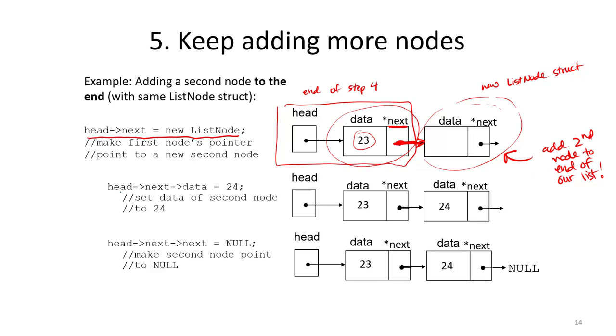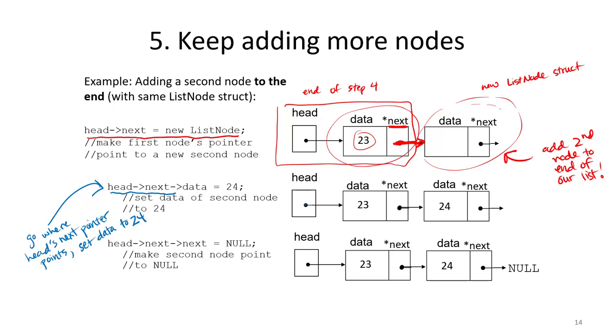Notice in this next line of code, I write head arrow next arrow data equals 24. This is the same as writing go where head's next pointer points, and we will set the data value to 24.